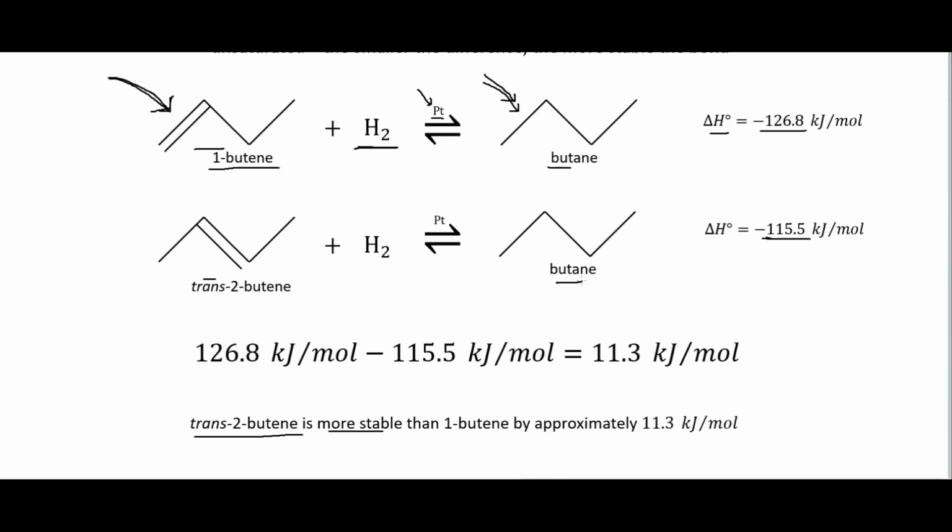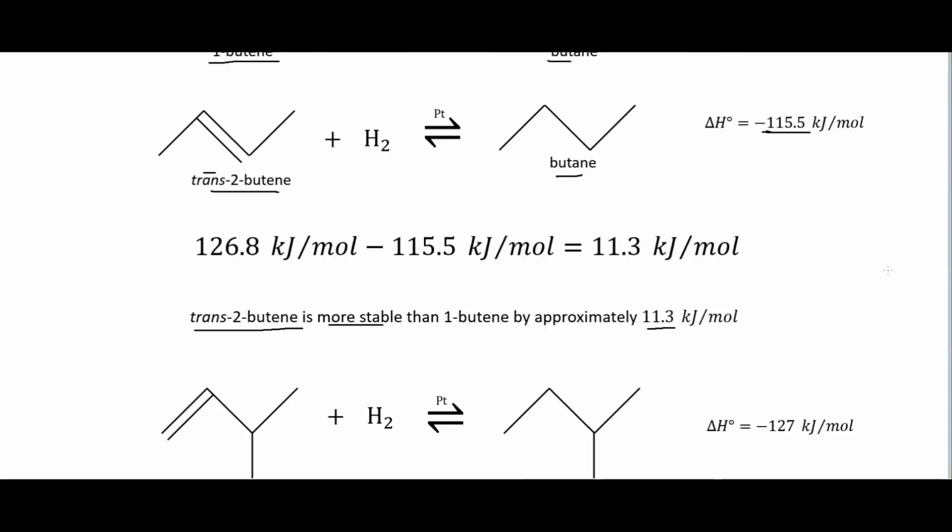So that's how we measure the stability of the bond, by looking at how much heat is given off when we go to the same product in both cases. And so this trans-2-butene is more stable than 1-butene by approximately 11.3 kilojoules per mole.